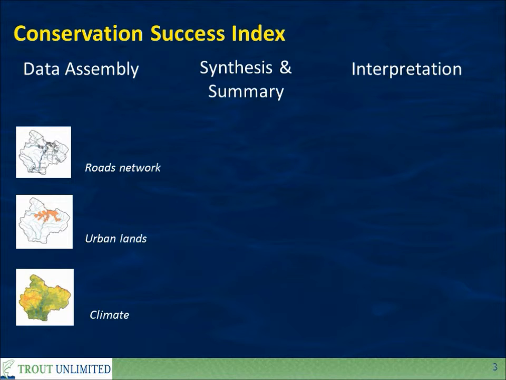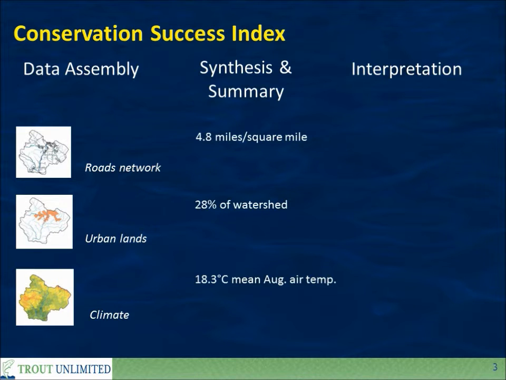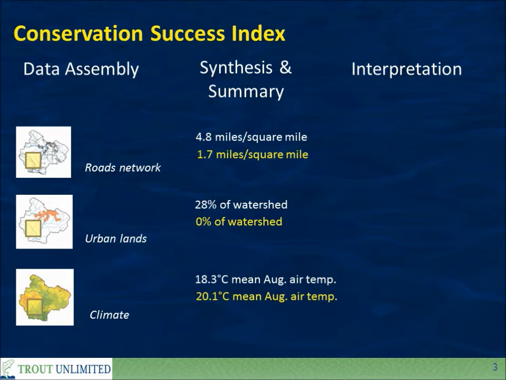Here are three example factors considered by the CSI, from among the 43 current condition and future threats factors included in the analysis: roads, urban land use, and climate. These data are summarized within subwatersheds and just within BLM lands within subwatersheds.